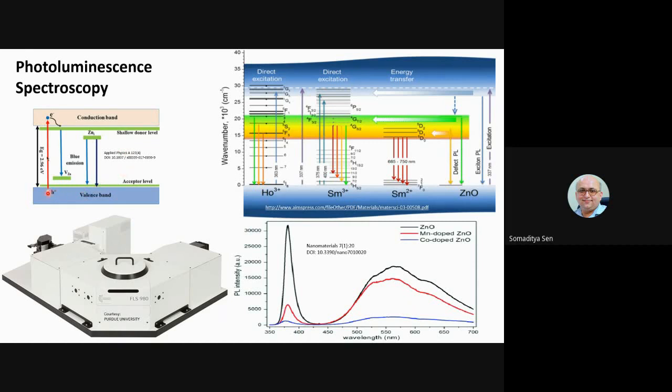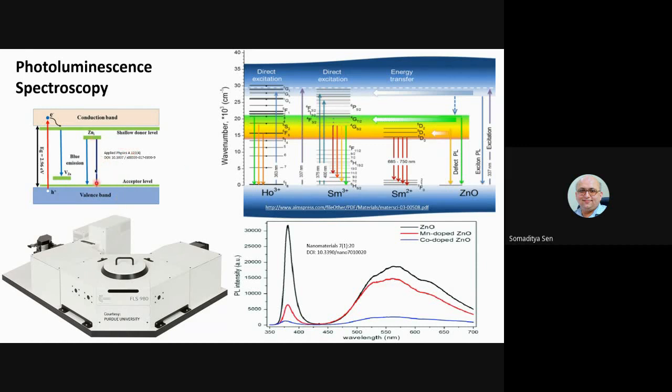So you excite the electron from the valence band to the conduction band. There can be shallow donor levels, there can be acceptor levels near the valence band, and then there can be zinc vacancies, and then zinc interstitials, and the electron which is pumped here can come down to these shallow donors or the zinc interstitials and transit from here and give light which is not exactly the same as the conduction band to valence band transition.